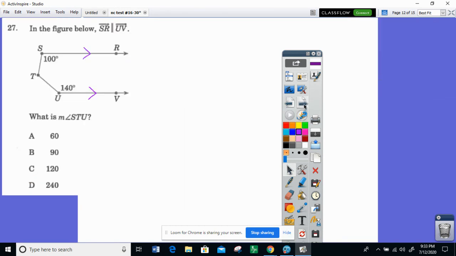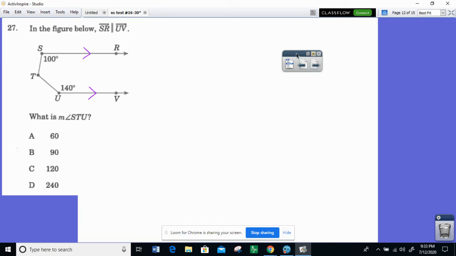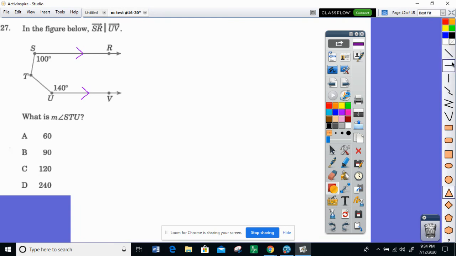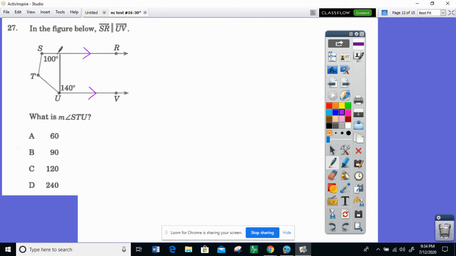All right, number 27. In the figure below, ray SR is parallel to ray UV. So I already marked that one here. What is the measure of angle STU? Well, the best way to do that is to enclose that angle to where we have a right angle right here.